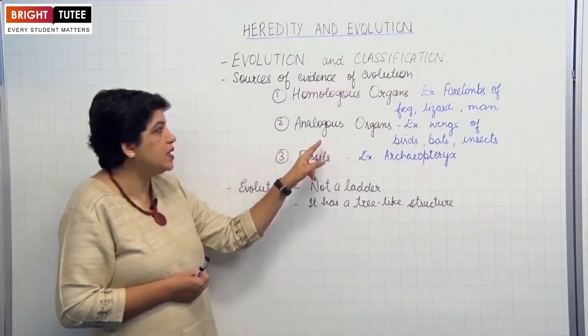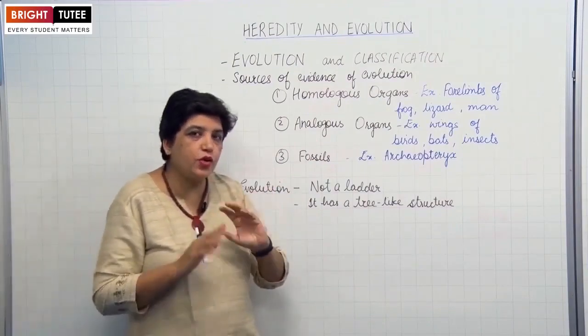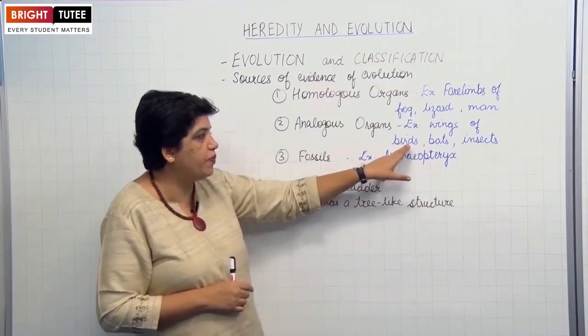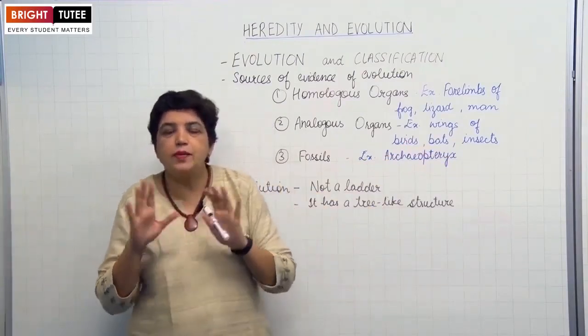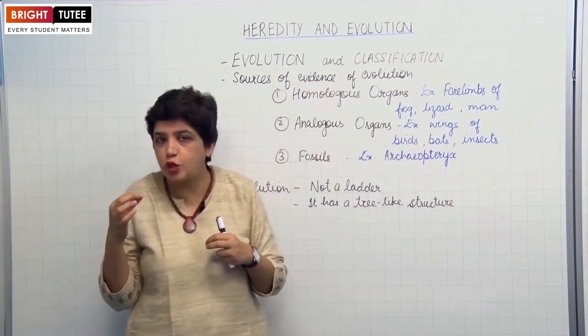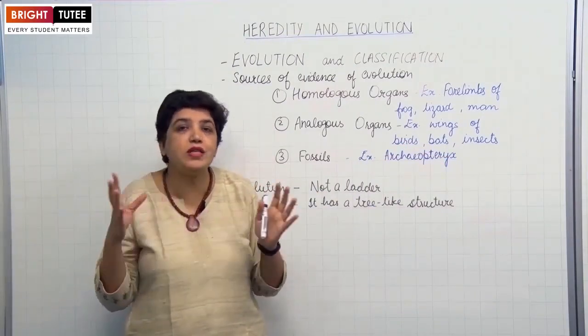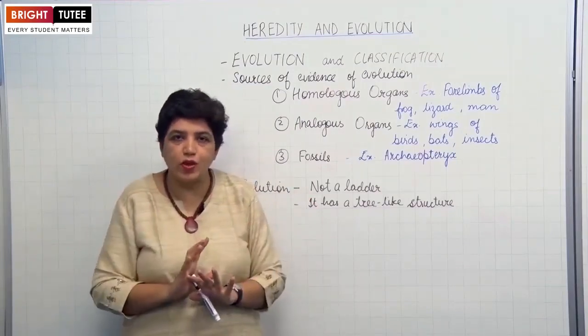The second one is the presence of analogous organs. First let us try to differentiate between the wings of birds, bats and insects. If you see closely, the wings of insects are made up of a very thin membrane of chitin. The wings of birds have a bony structure with feathers in between.